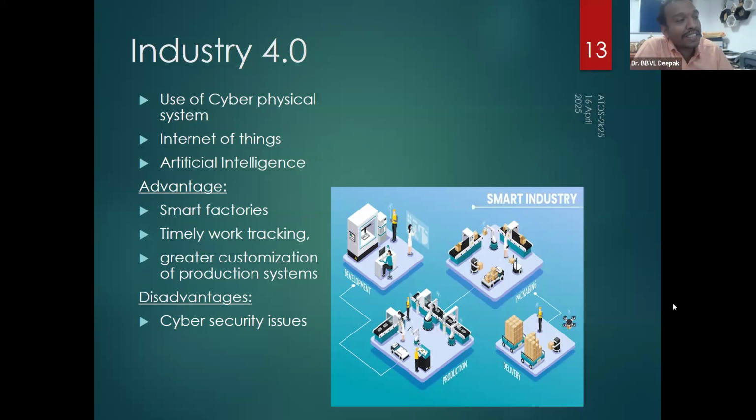Apart from the advantages, there may be disadvantages. What is the disadvantage? The disadvantage is major cyber security issues. What are these cyber security issues? If the system or some data is hacked, then the complete data can be stolen by hackers, and that can be used in some other way, and it is a little dangerous.